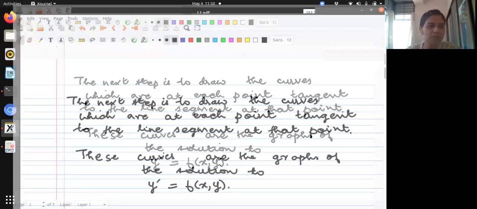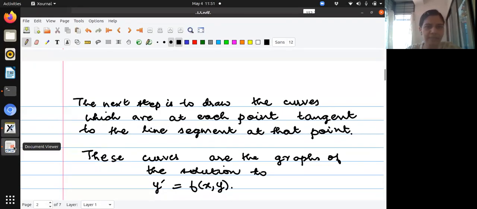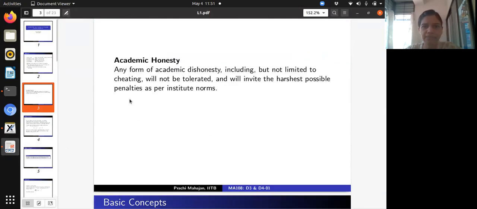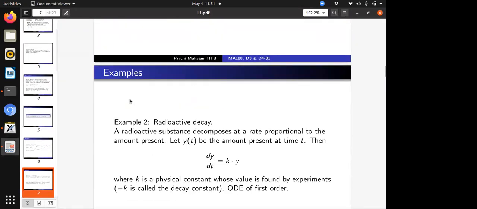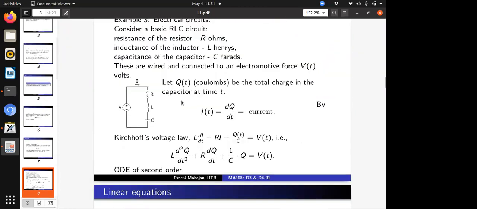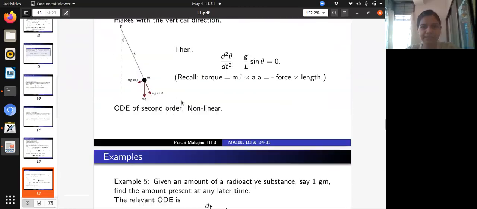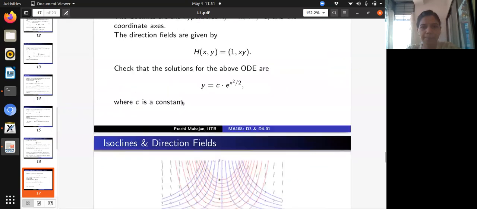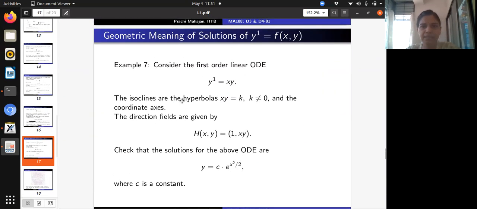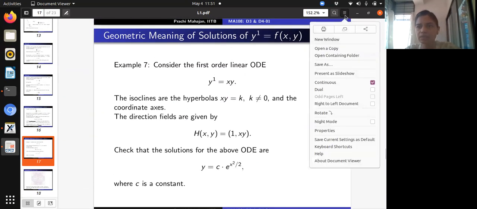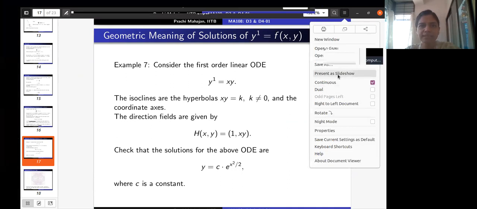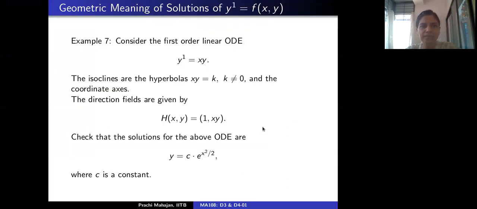Let me pull out the slides that I used yesterday, where I think we showed direction fields. Let's revisit that example. Here it is, right? Are you able to see these slides at your end? Yes.